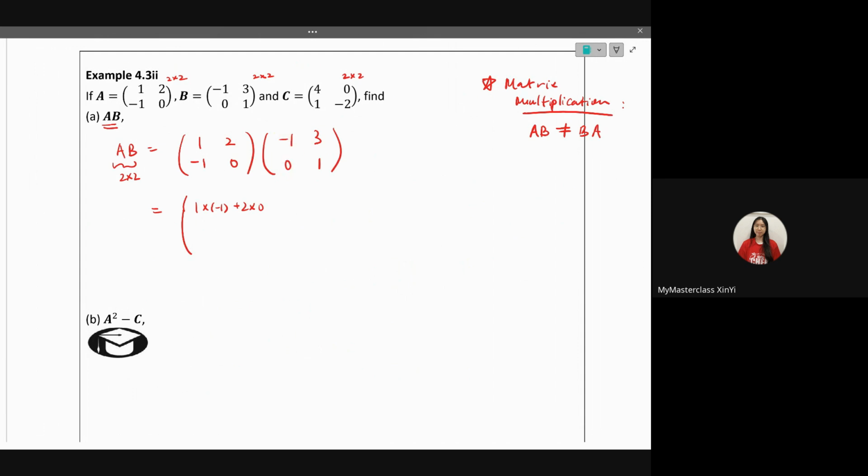Then this and this now: 1 times 3 plus 2 times 1. Then I'm just going to quickly fill in the rest: -1 times -1 plus 0 times 0, and -1 times 3 plus 0 times 1. Then you should have -1, 5, 1, and -3.